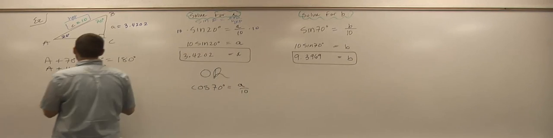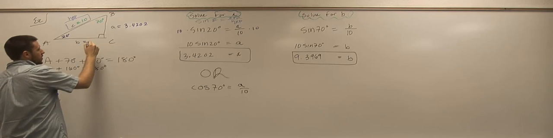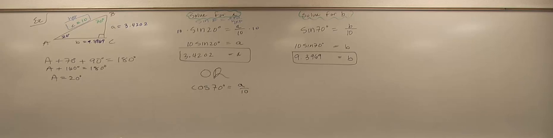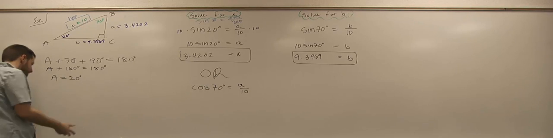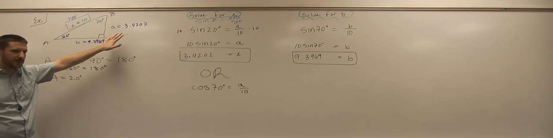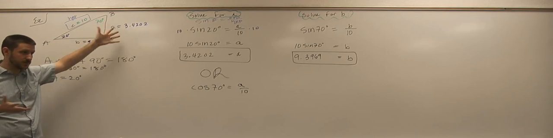So then we have all the information that we could possibly want in this right triangle. This is basically what we did in the first section we ever talked about. Okay, this is okay.